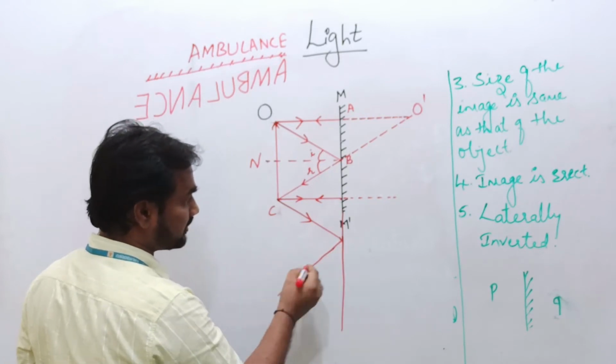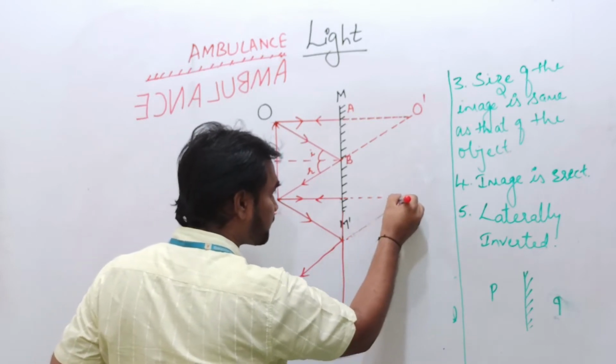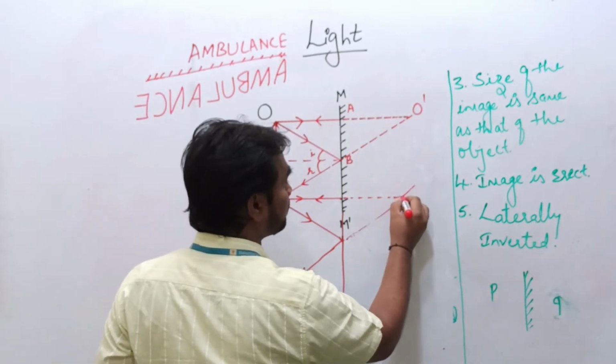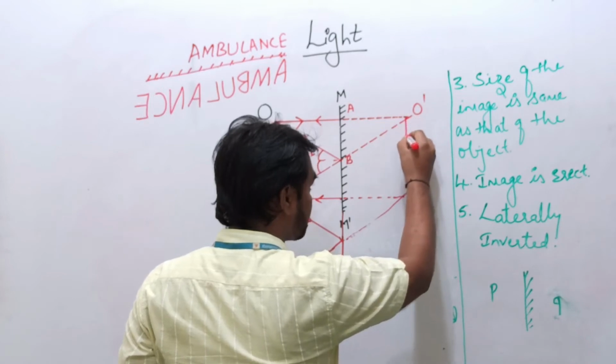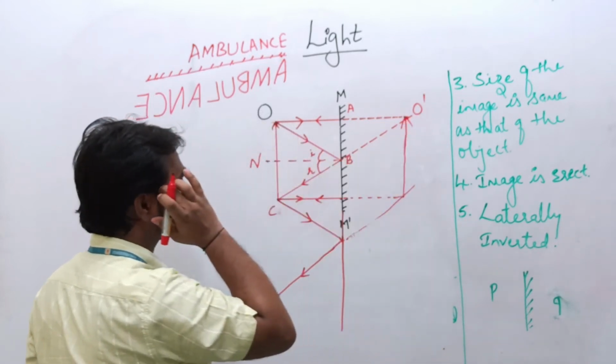When you extend this in a straight line, you find that it meets here, right? You can join these two, and you get the image.